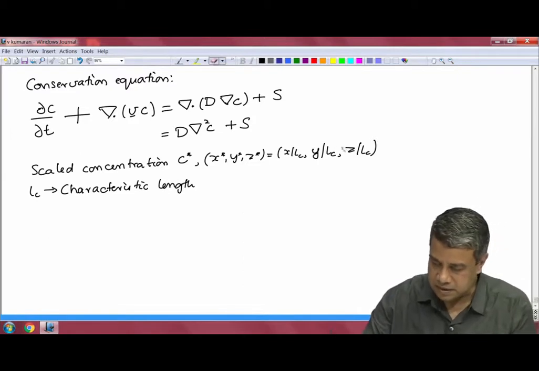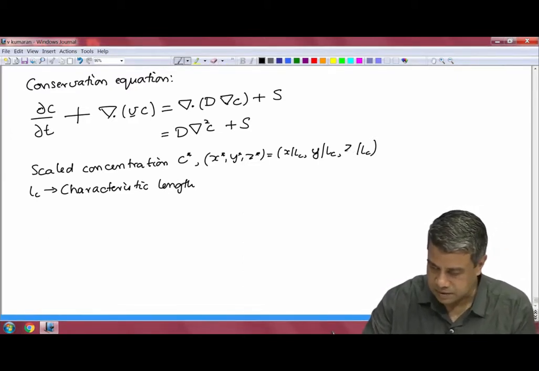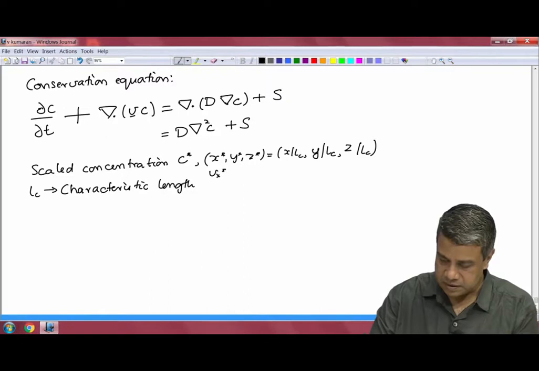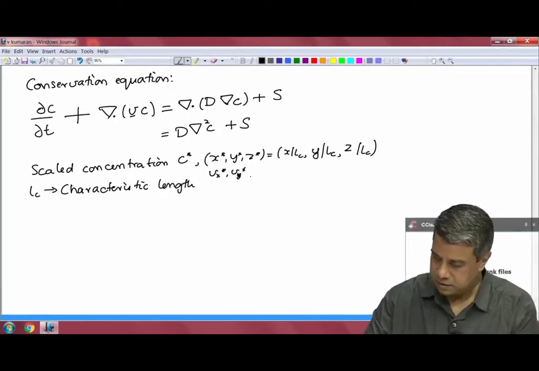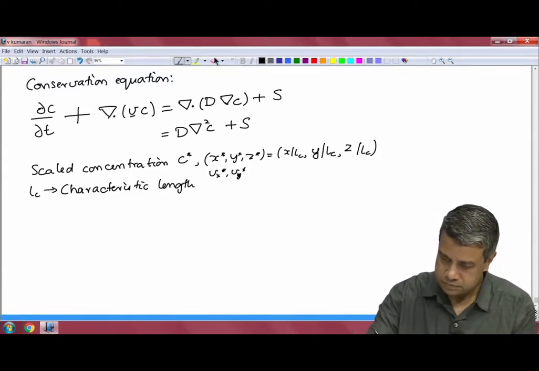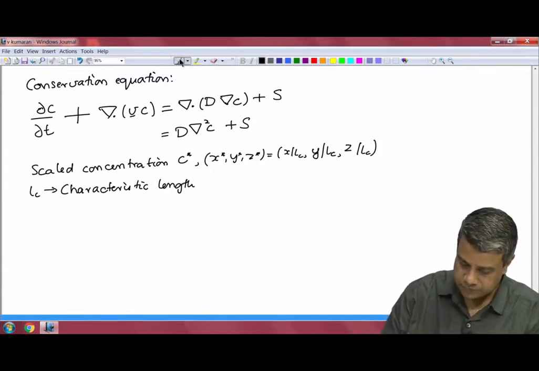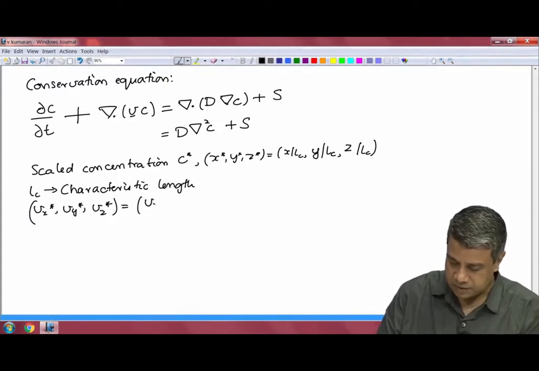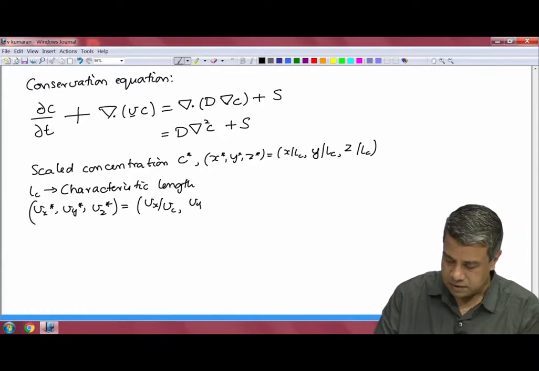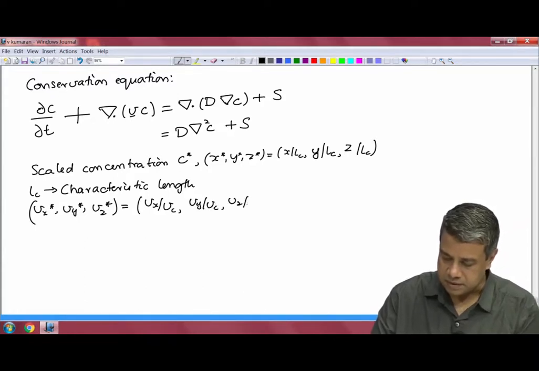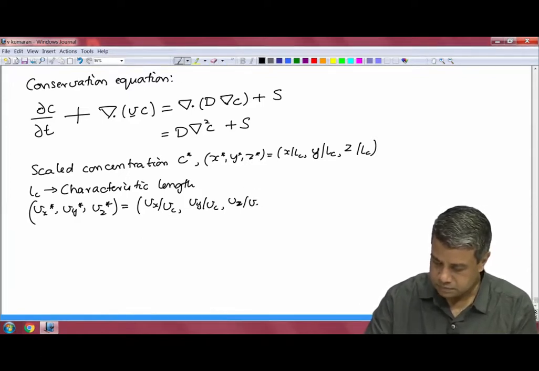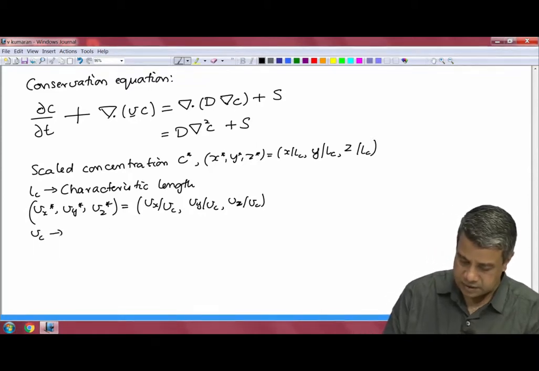The characteristic length scale is usually in the cross-stream direction for the flow. And similarly, there is a characteristic velocity in most problems. You can define the velocity components Vx star, Vy star, Vz star as Vx by Vc, Vy by Vc, Vz by Vc, where Vc is the characteristic velocity.